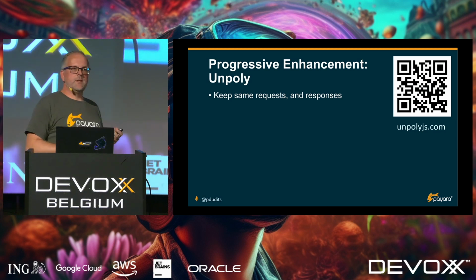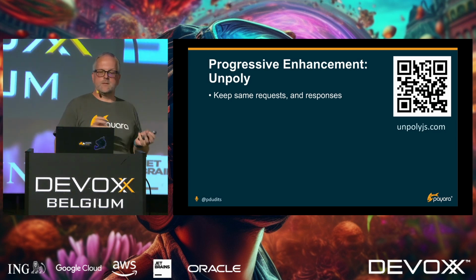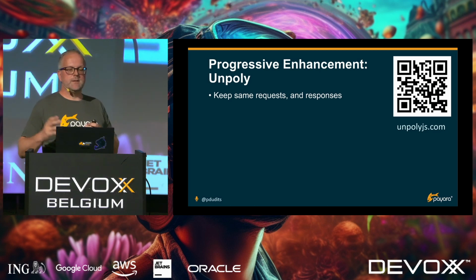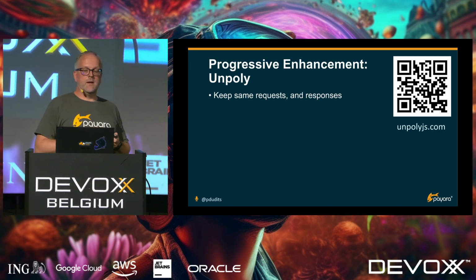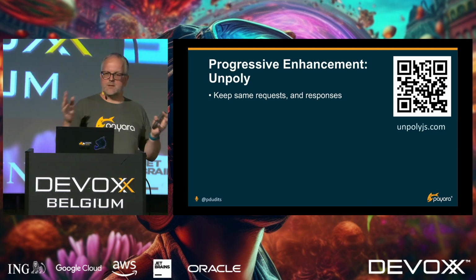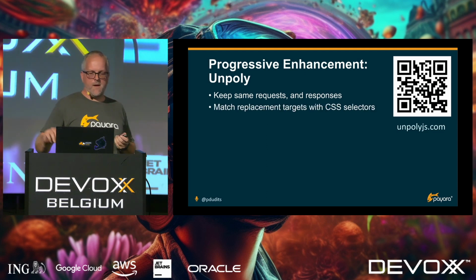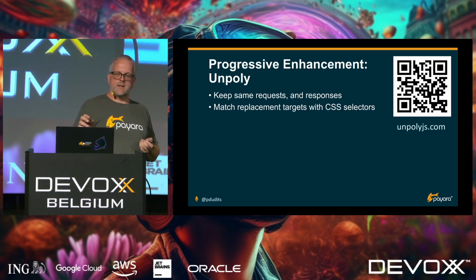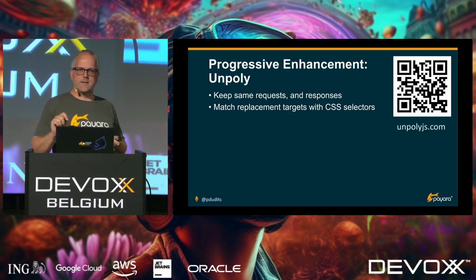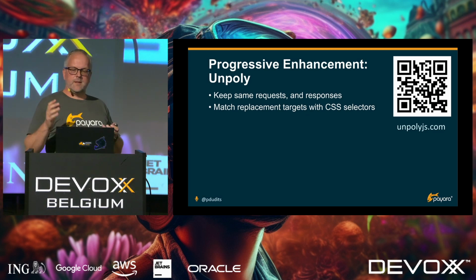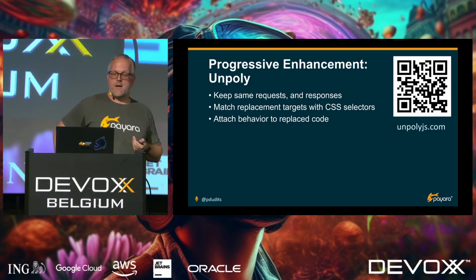If you already have been doing pure form submission and links and getting the content back, you can keep the same requests, just add an additional attribute which says, okay, when you do this, just replace this part of the page. I don't need to update navigation at that point. I don't need the scroll to jump at that point. You do it by specifying the CSS selector, like this will be the thing I'll be replacing in that page. And in response, it expects that a single thing will match that selector, and it gets updated.